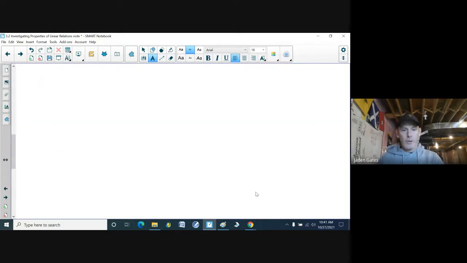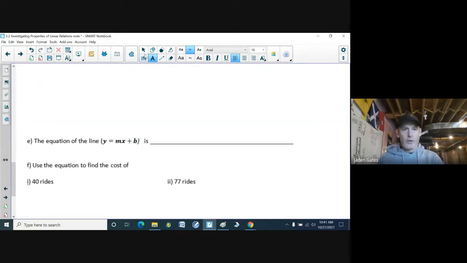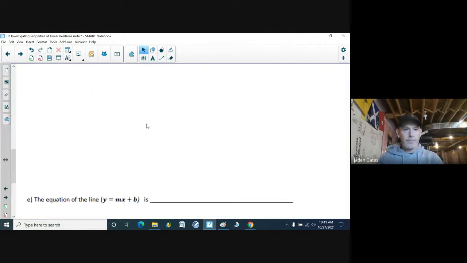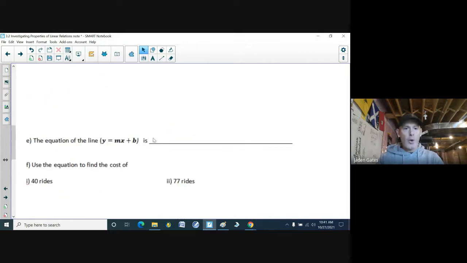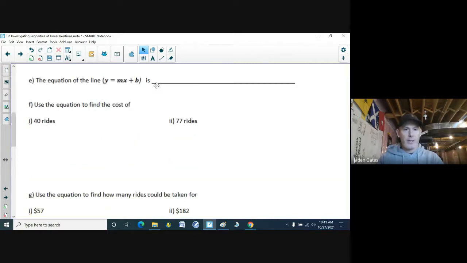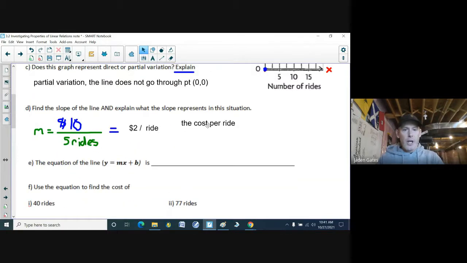All right, now, whoa, got all this stuff down here. I got to drag it up. It says find the equation of this line. There we go. Well, again, the equation, you need the slope and you need the y-intercept. Well, there's our slope. It's 2. That's going to go right here.